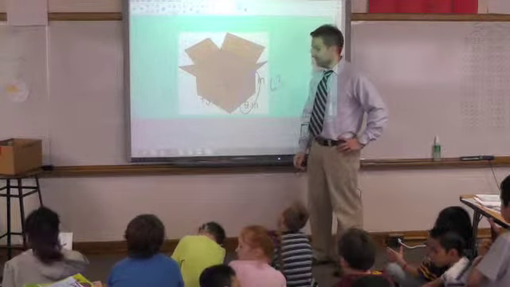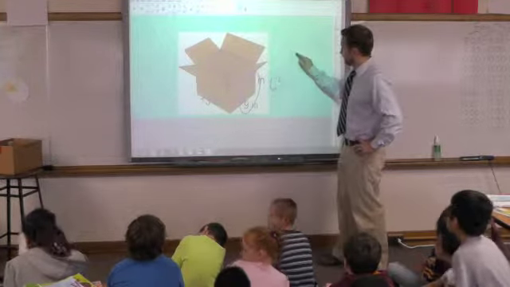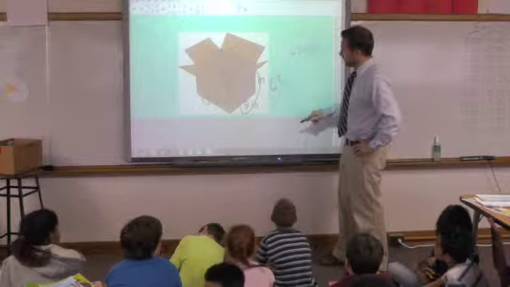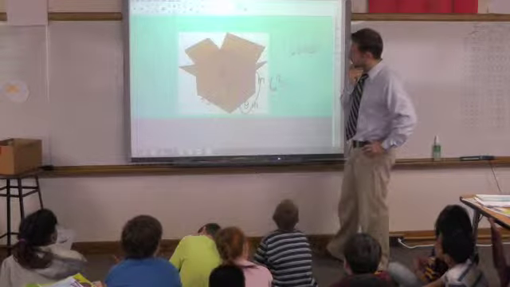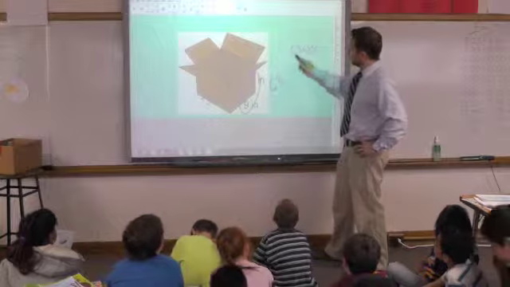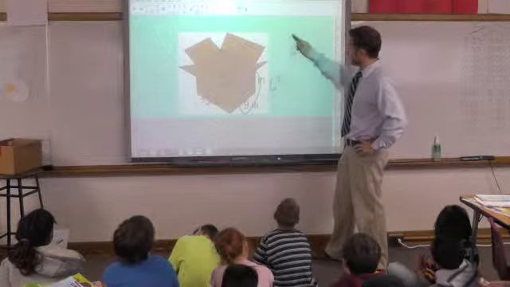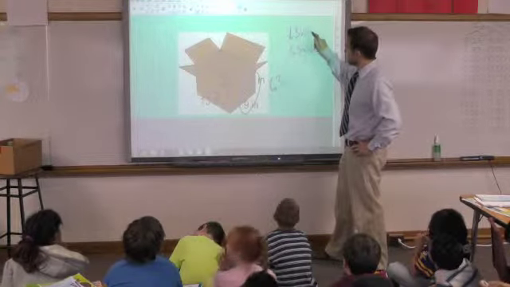You can take 63 times 10 and then take the answer from that times 3. Well, no, we took 63 and we're going to take it times 13, right? So 63 times 13.